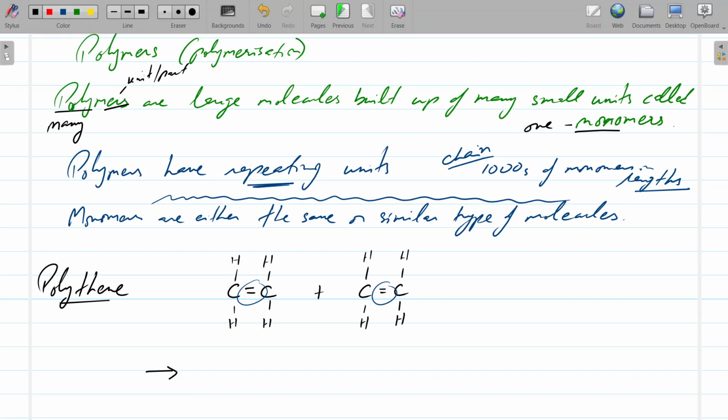How many do you need to exceed for it to be called polythene? Should it be more than 2 or 3? Your question is how many is enough to make it a polymer? That's a good question.